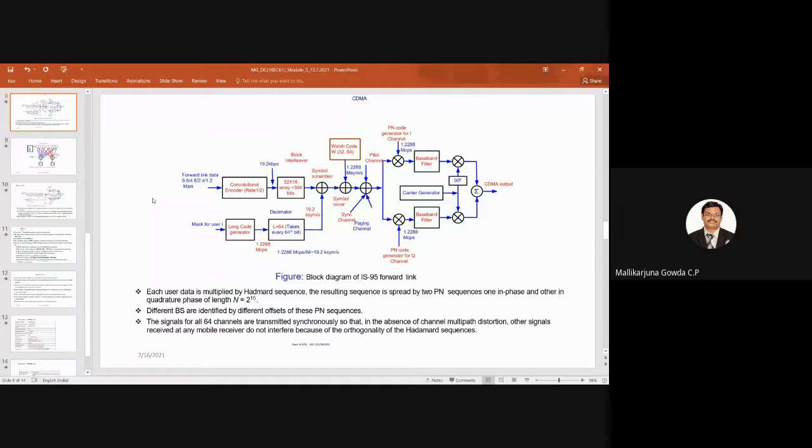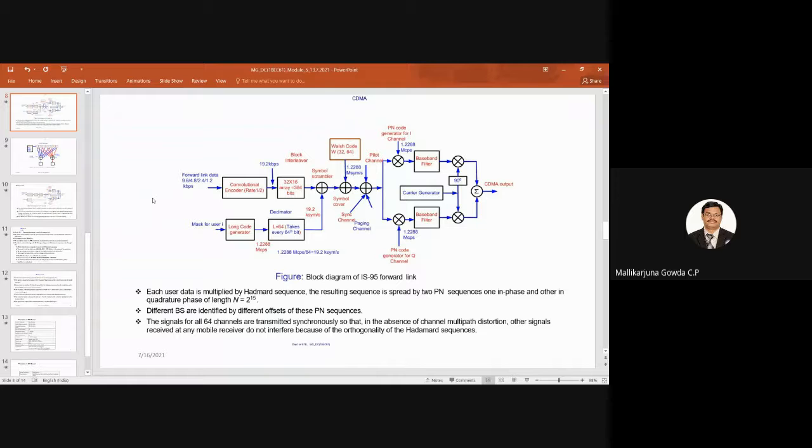That can provide a variable data rate from 9600 bits per second down to 1200 bits per second. In short, we say 9.6 kbps, 4.8 kbps, 2.4 kbps, and 1.2 kbps.